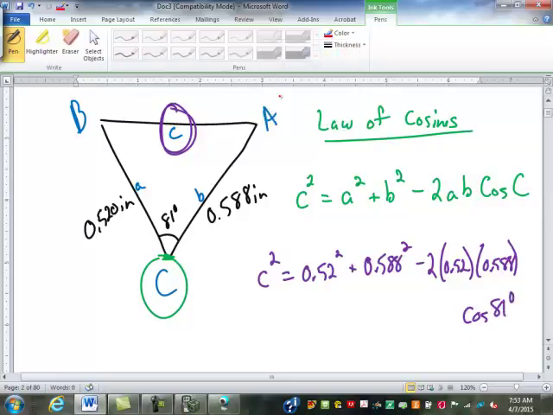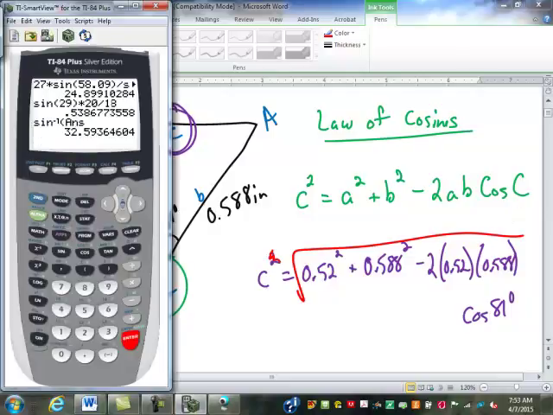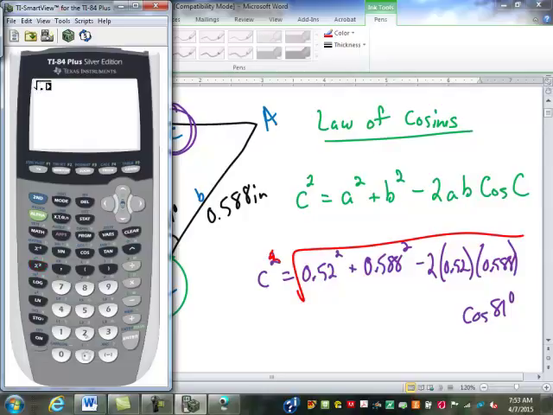Now, if I'm punching this in the calculator, just like we did with the Pythagorean theorem, I'm going to forget about this squared. I'm just going to put a square root over this. Makes sense? So to punch this in the calculator, I'm going to do this. Second square root, 0.52 squared plus 0.588 squared minus 2 times 0.52 times 0.588 times the cosine of 81 degrees.